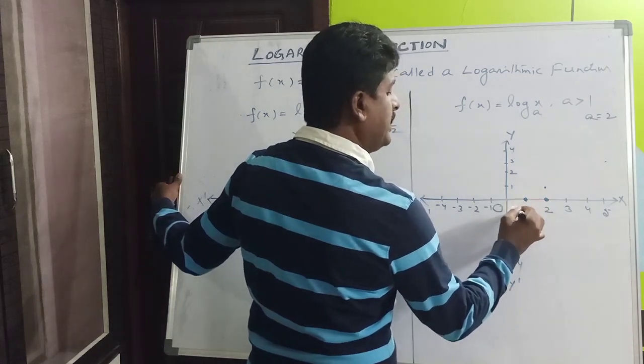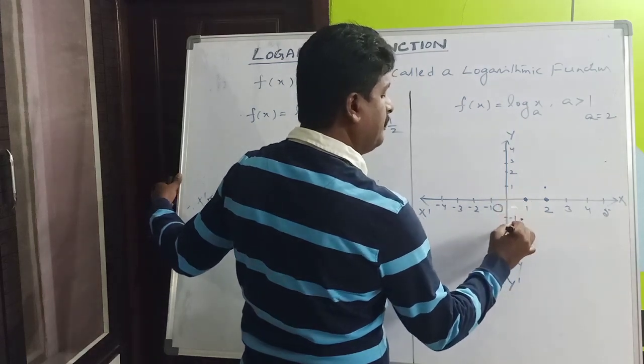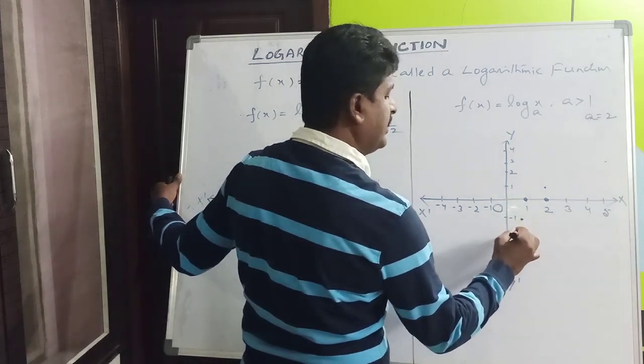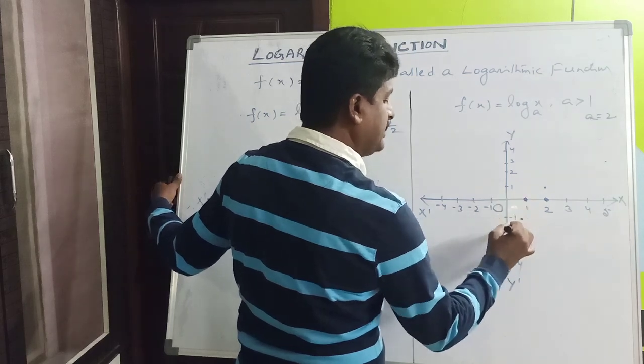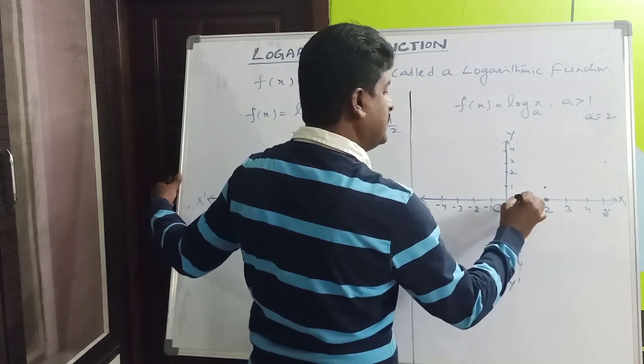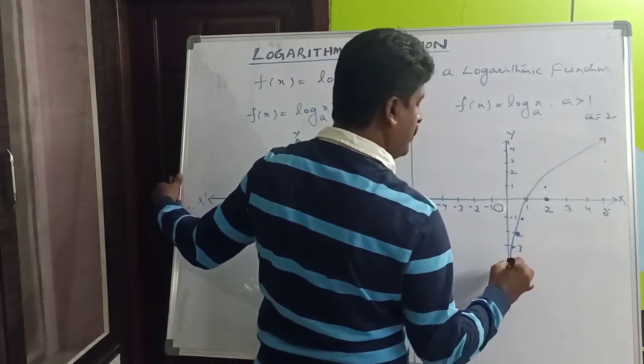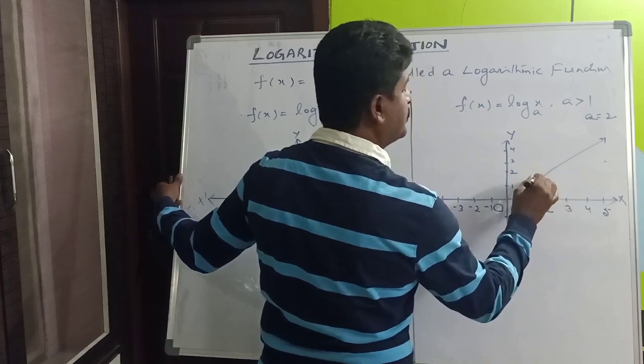Log 1 by 2 base 2 value is minus 1. Log 1 by 4 base 2 is minus 2 somewhere here. Log 1 by 8 base 2 is minus 3 somewhere here. So in this case, this is the graph of the logarithmic function.